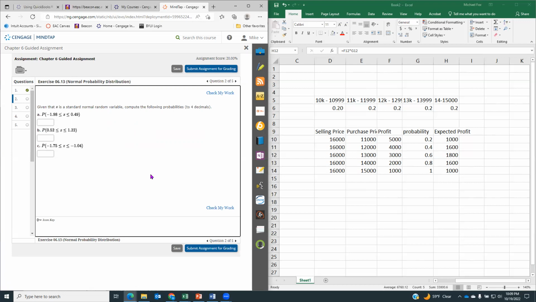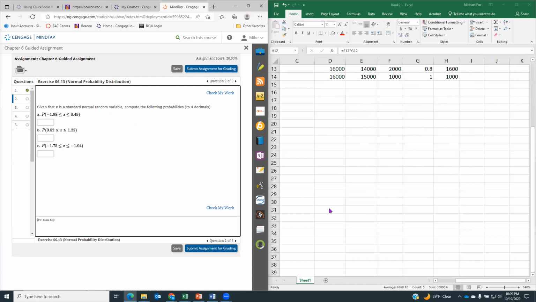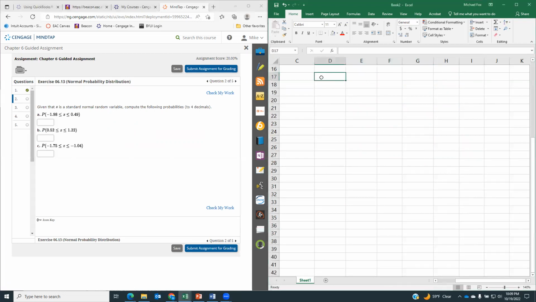So like the first one, it says, what's the probability that Z is greater than negative 1.98 and less than 0.49? Okay, that's really what it's asking us. And so to do that, since we're working in this standardized format, we use the function norm.s.dist for standard distribution. Okay, so that's the function we're going to use.